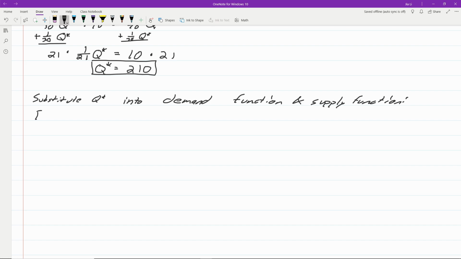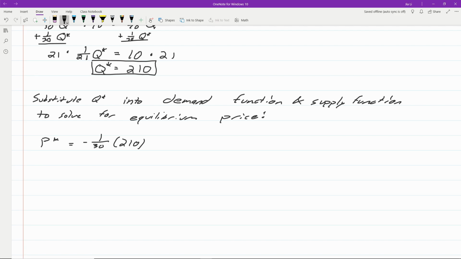So now we have P star, that is the price, right? We're solving for the equilibrium price now. To solve for equilibrium price, we have P star is equal to, this is our demand function, minus 1 over 30 times 210, right?